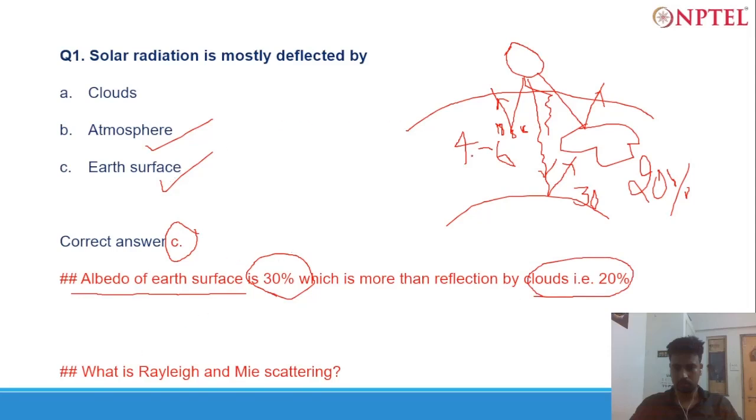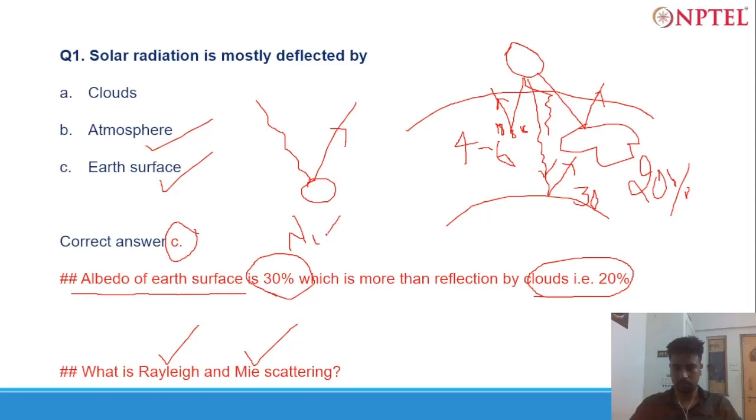So when we talk of scattering, there are two terms: Rayleigh scattering and Mie scattering. Rayleigh scattering is scattering of the light when the particles are more than the size of the wavelength of light. Okay. So here the wavelength lambda of light should be less than the particle size.